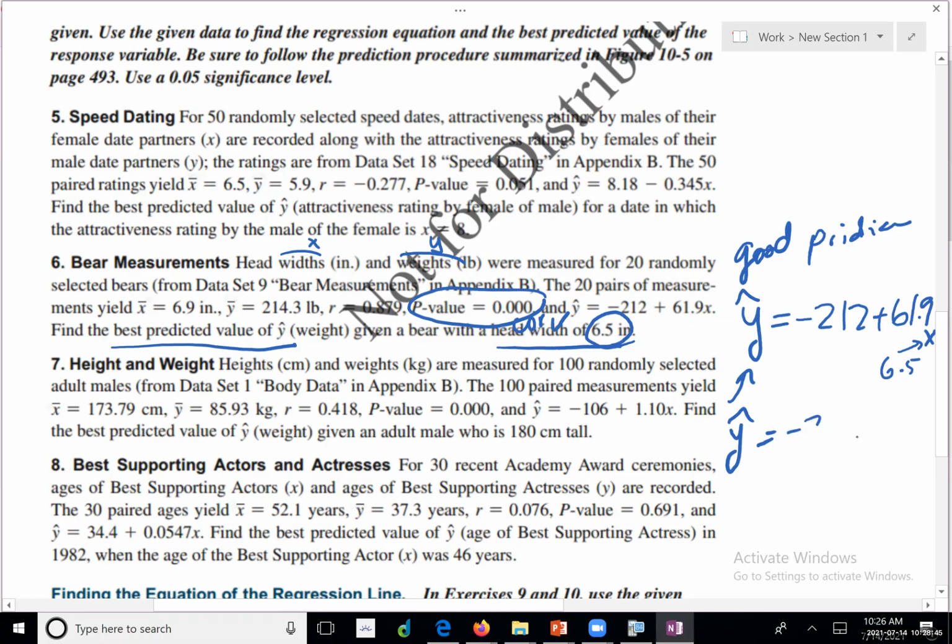So negative 212 plus 61.9 times 6.5. So use your calculator and tell me what you get for y hat. If this was not a good prediction, we would say the best prediction would be y bar. But in this case it is a good prediction, so you substitute x here. So put that in your calculator and tell me what you get.